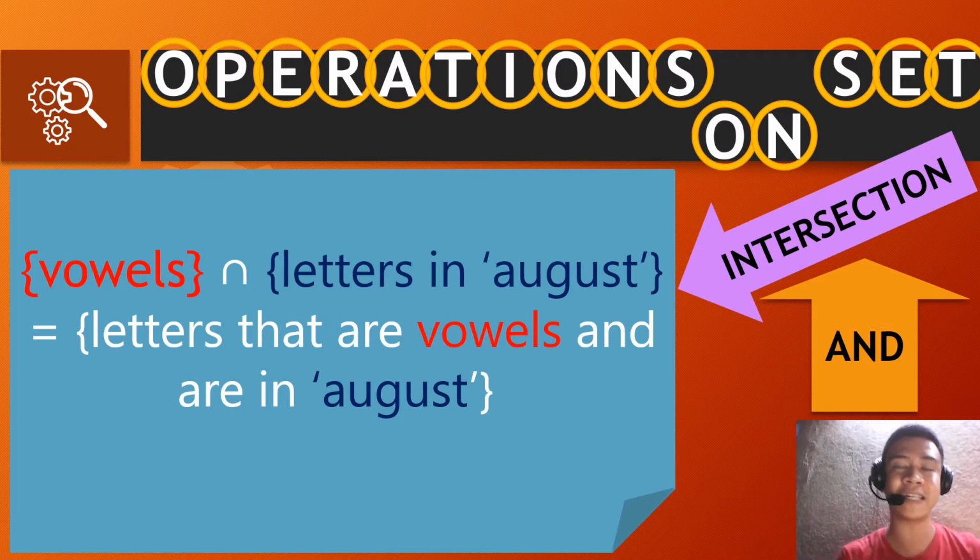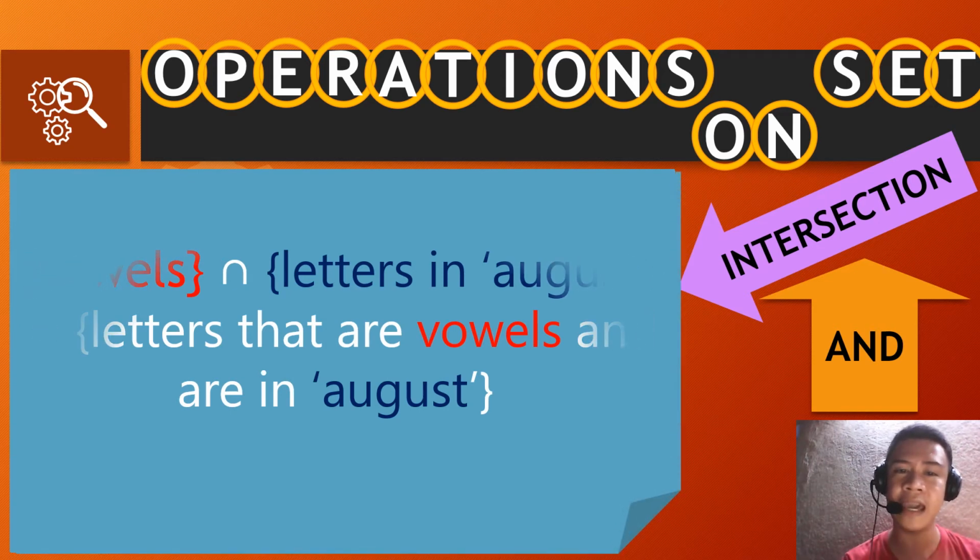So another example, we have set of vowels, intersection, set of letters in August. So what is the answer? That is letters that are vowels and are in August. So what are vowels? We have A, E, I, O, U. How about the letters in August?